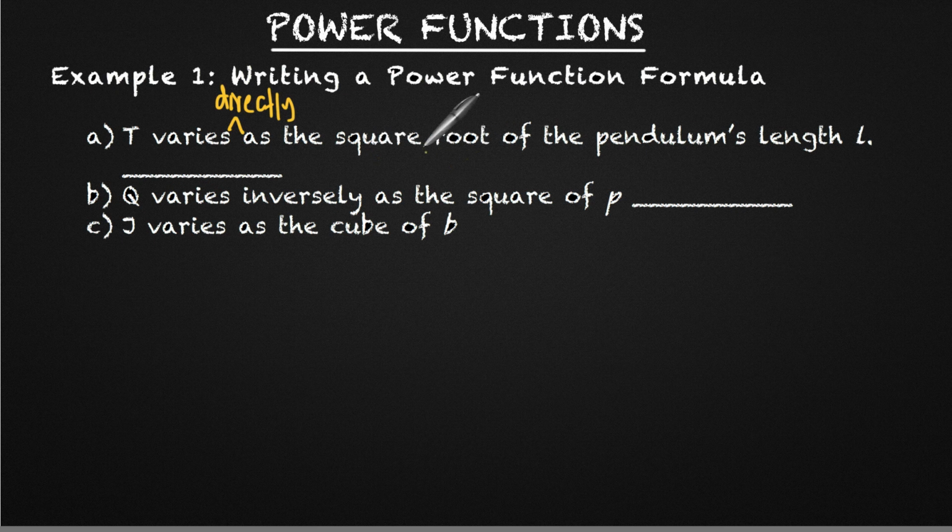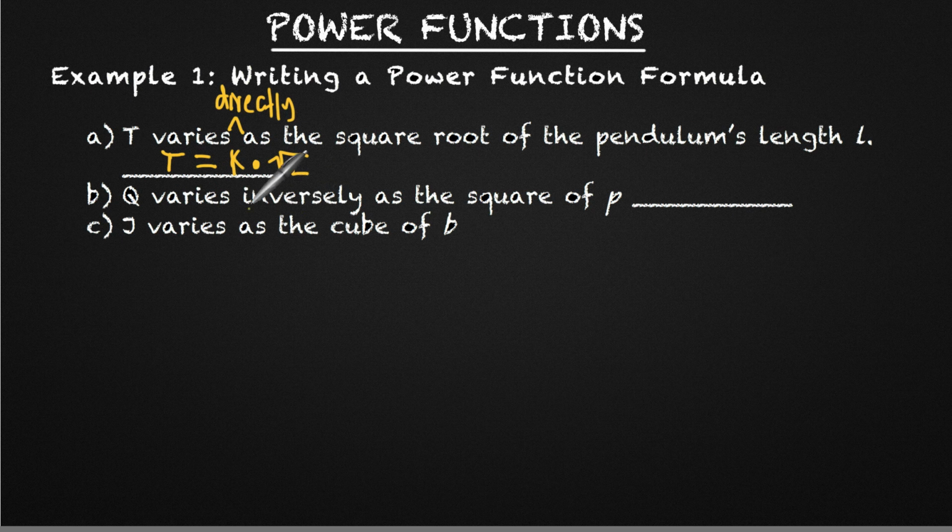All right, square root is square root. So you will write T equals K times, you need a K, you need some constant, and because it's directly, it'll be K times the square root of L. Very easy to write.